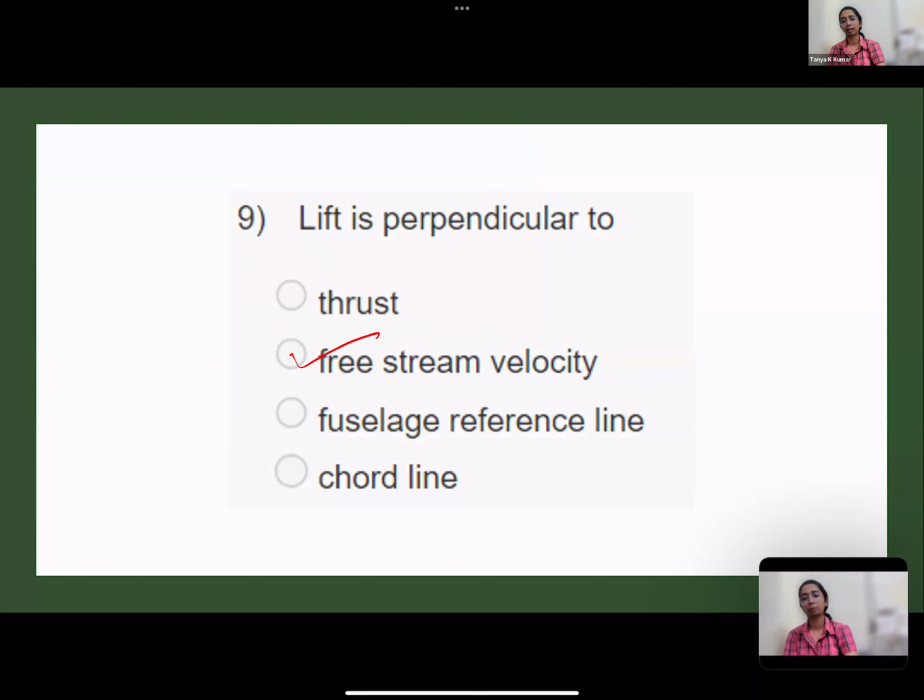Absolutely right. What is parallel to it? Thrust.